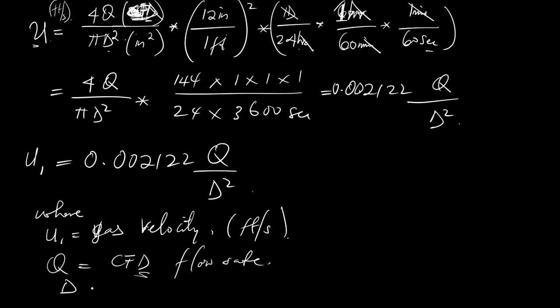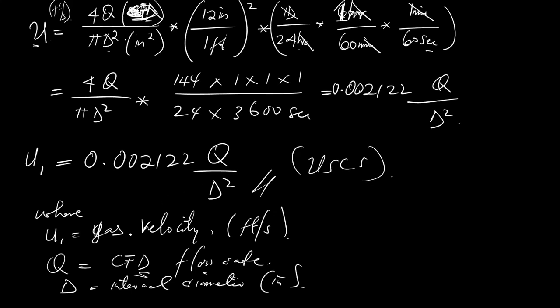Then d is the internal diameter in inches. So this is in USC units. So this is in cubic feet, but you know we are given Q in standard cubic feet per day.